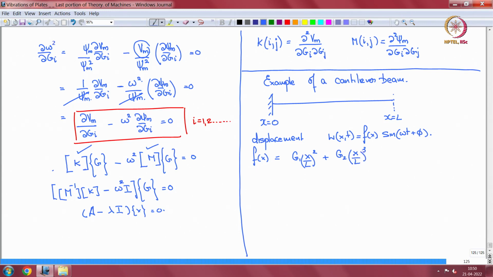What is the cantilever boundary condition? f at 0 must be 0, f dash at 0 must be 0, which this satisfies. So this is an admissible function. So these are my phi i's.